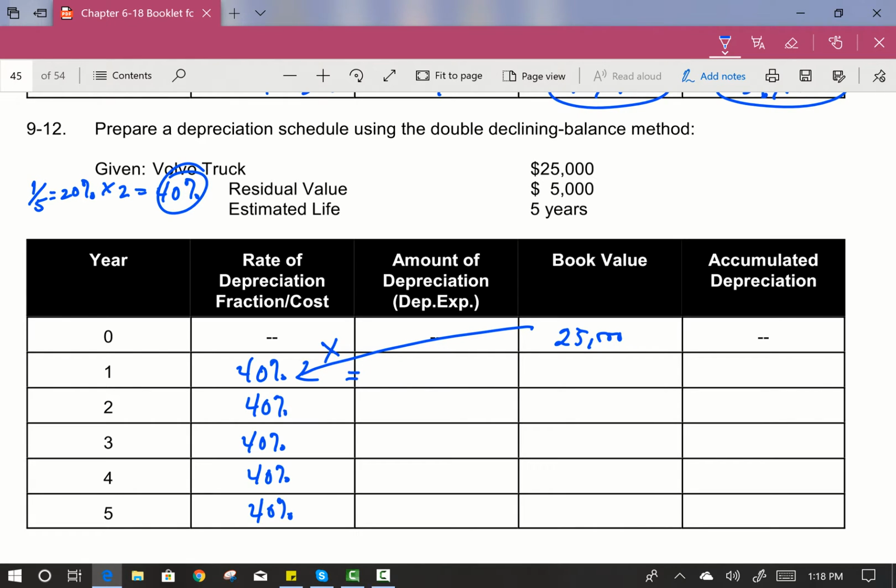So I'm going to take 25,000 times 0.4, and that will equal $10,000 for the first year's depreciation expense. Okay, now I'm going to subtract 10 from 25 to give me $15,000 for the book value at the end of year 1. Then I'm going to take 15,000 times 40%.